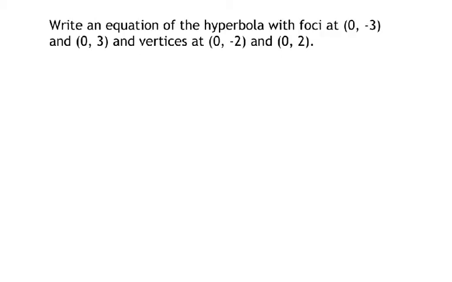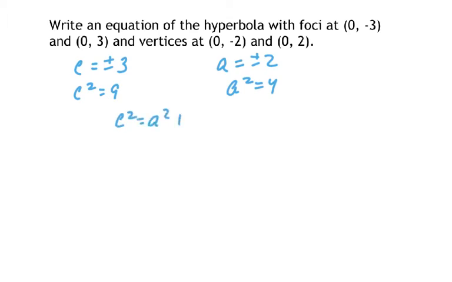Write an equation of a hyperbola with foci at 0, -3 and 0, 3, and vertices at 0, -2 and 0, 2. That means that a is plus or minus 2, which means a squared equals 4. We know that c is plus or minus 3, so c squared equals 9. If we use c squared equals a squared plus b squared, the first thing we should pay attention to is the fact that it's the y coordinates that have changed.